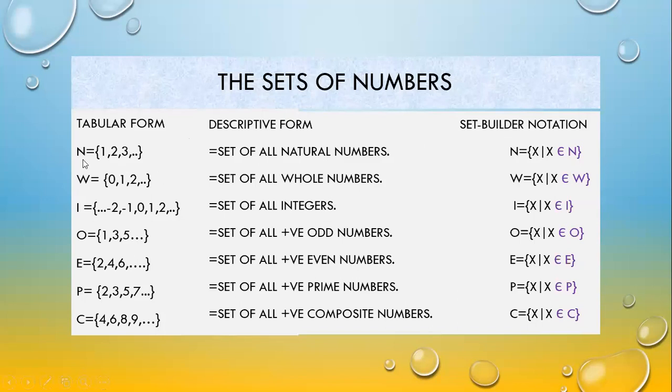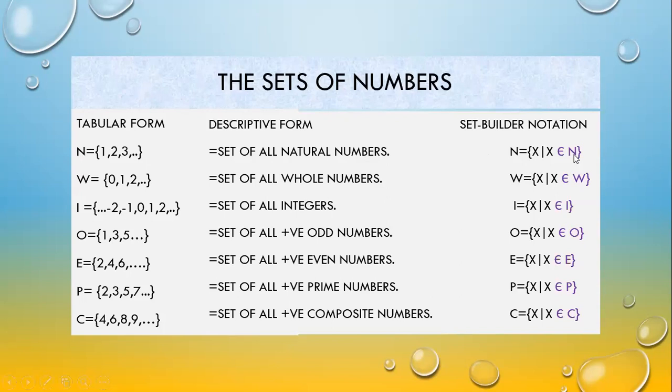For example, capital N means the set of natural numbers, right? It starts with 1, 2, 3 and so on. That's the tabular form. Descriptive means we are describing the set, and in set builder notation we follow the rule: x such that x belongs to.